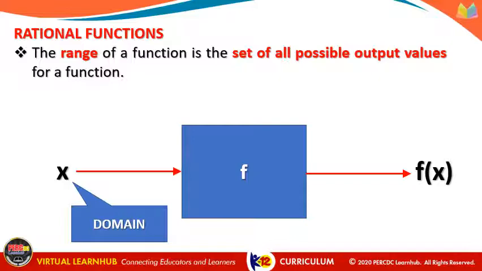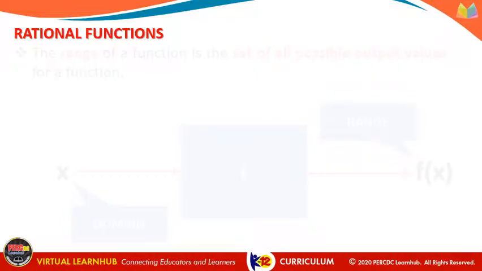Ano ang lahat ng mga pwede mong makuhang sagot sa function natin? Yun ang range ng function na iyon. So I hope clear po ito sa atin. Ano? Sige, para mas malinaw pa, let's have examples.